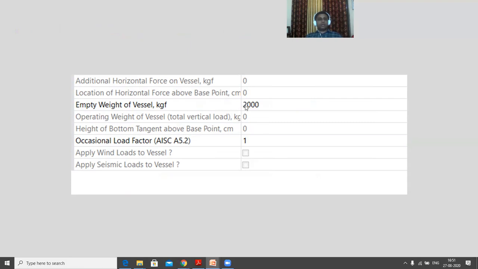It will not be utilized in any calculation, because in CodeCalc you are the person who resolves these forces based upon this weight, and you give the axial force, normal force, and tangential force directly to the software, and the software will perform the calculation thereafter. But if this were in PV Elite, with the lifting lugs which can be done there, you don't have to mention any of these values. The software will take care of that directly.